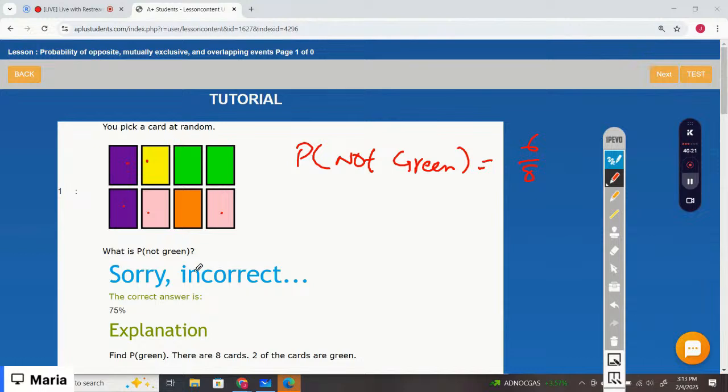You need to find the probability in percentage. So that is 6 out of 8 times 100. So that is 75%.